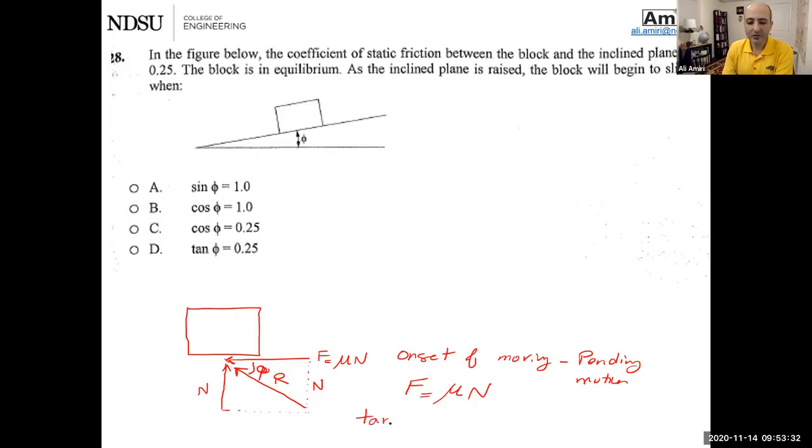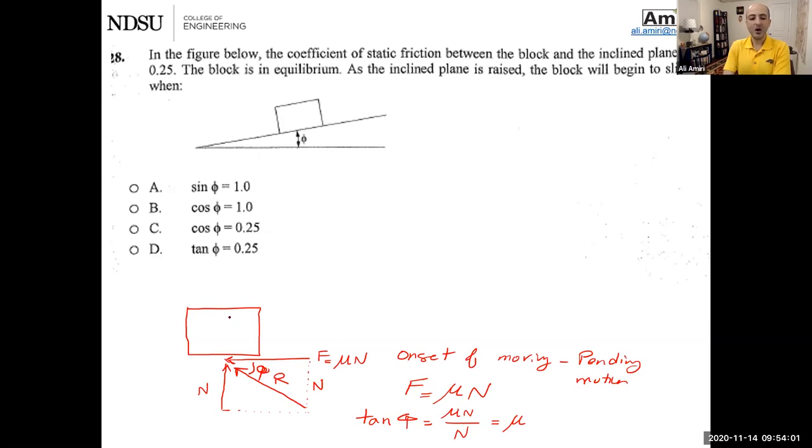If I want to write tangent of phi, based on this triangle that I'm looking at, it is going to be mu N over N. So tangent of phi is going to be mu. This is just a general theory about friction. This is the first thing I teach in lectures on friction.